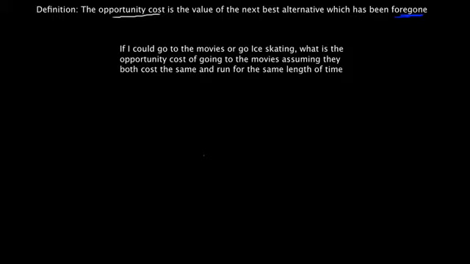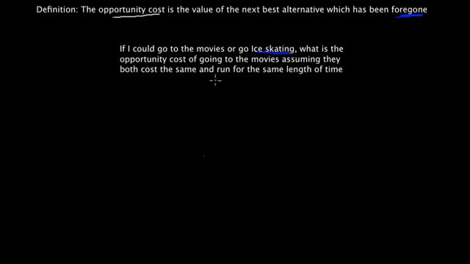Okay, so let's look at an example. Just say if I could go to the movies or go ice skating. What is the opportunity cost of going to the movies? Assuming they both cost the same and run for the exact same length of time. Okay, so if I choose to go to the movies, that means I'm not going ice skating.